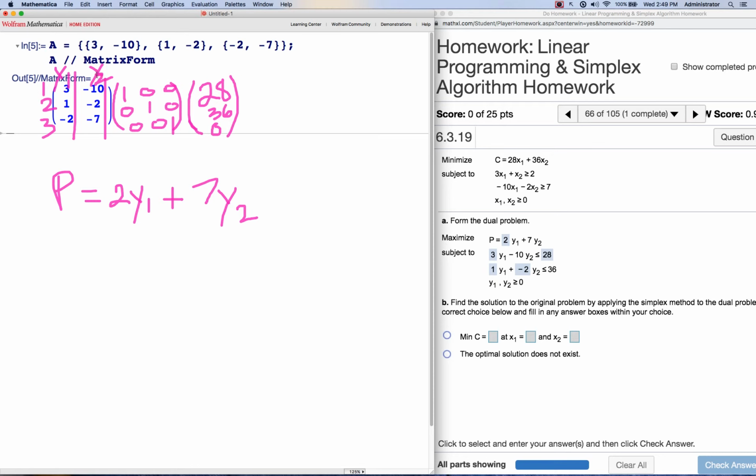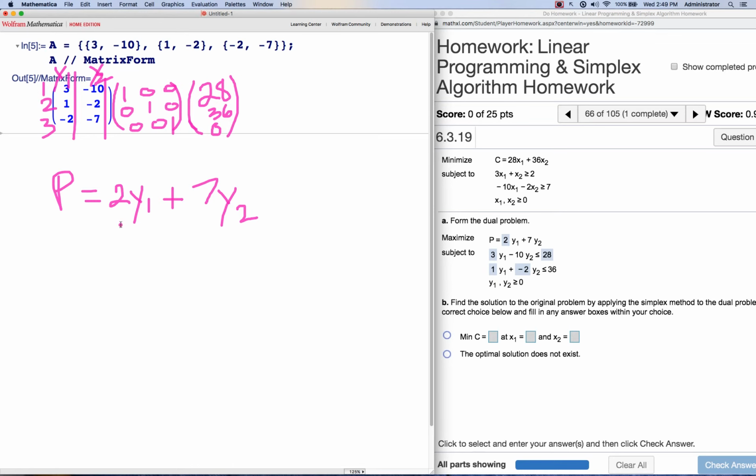So remember from the last section, if a variable is represented by a non-basic column, what is the default value of that variable? It's going to be 0.